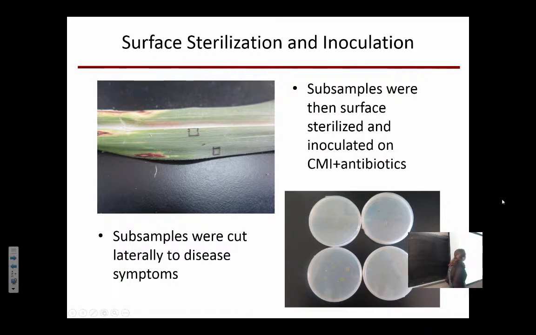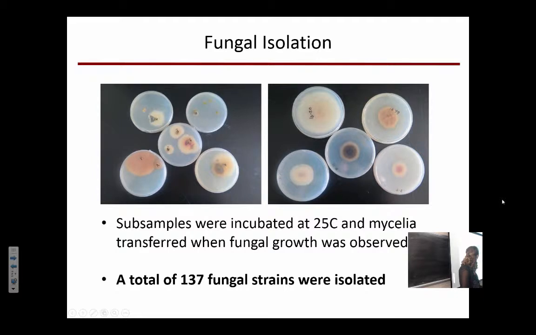So after I cut out these subsamples, approximately 1 centimeter squared, I sterilized with 10% bleach and 70% ethanol. And then I inoculated onto a complex media with antibiotics in order to inhibit bacterial growth. I decided to incubate the subsamples at 25 degrees Celsius.